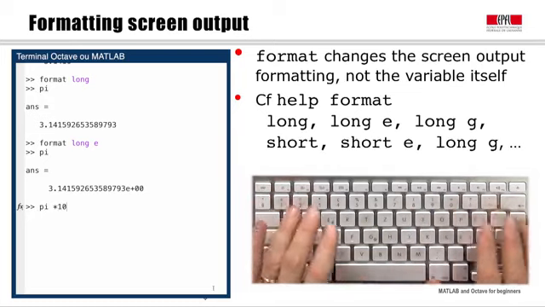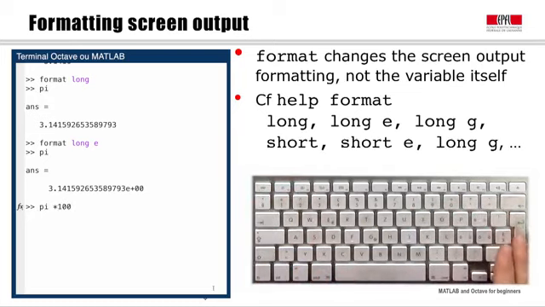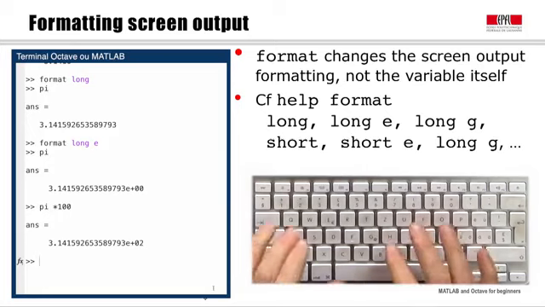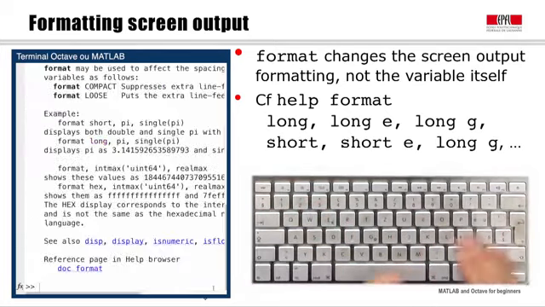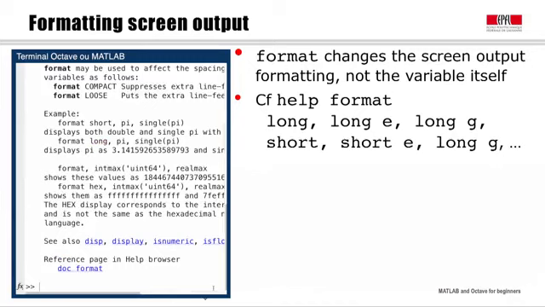So if I multiply pi by 10 or by 100, then I get 3.14159 times 10 to the second. So this is the scientific format. There are other formats. Just type help format and you get many other ways of formatting your output.